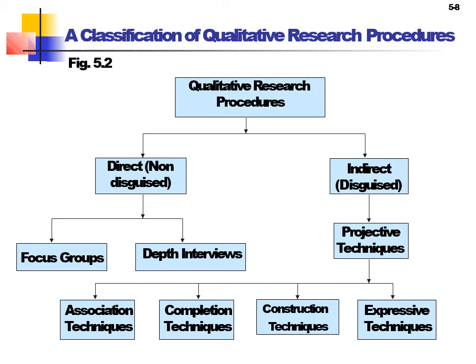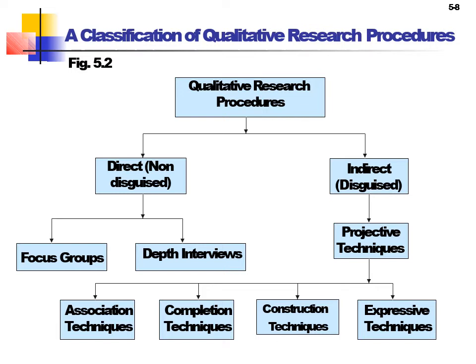Moving to the qualitative research procedures, we have two types of qualitative research, which are direct non-disguised and indirect disguised. Disguised means the reason behind the study or the research is unknown to the respondent.